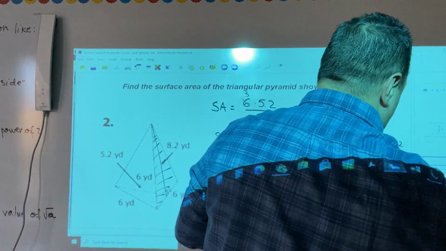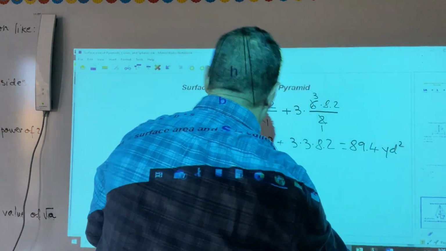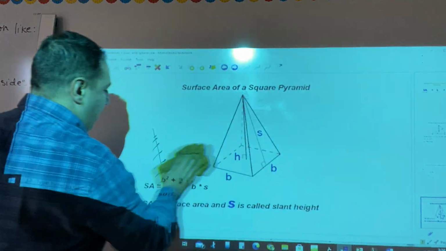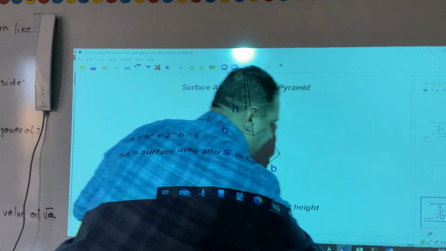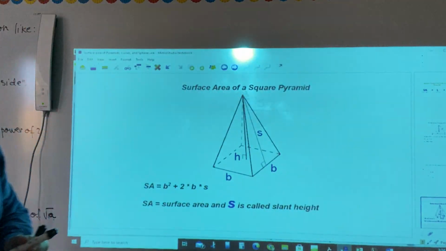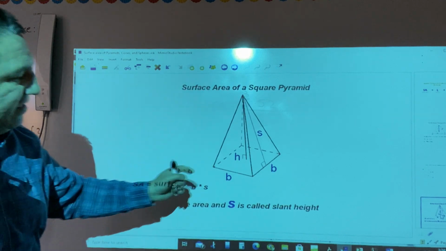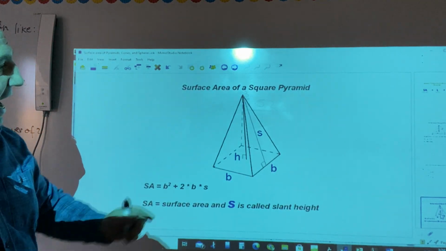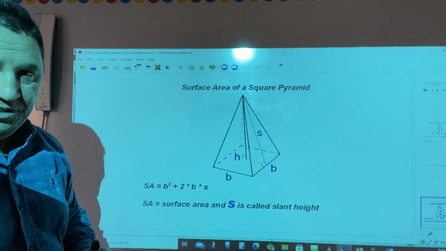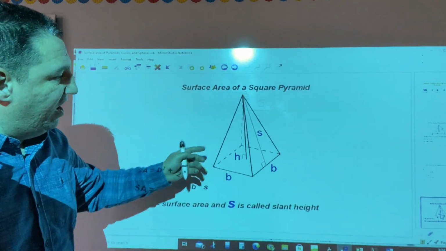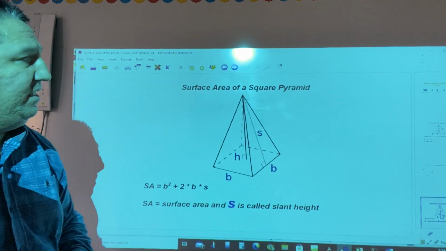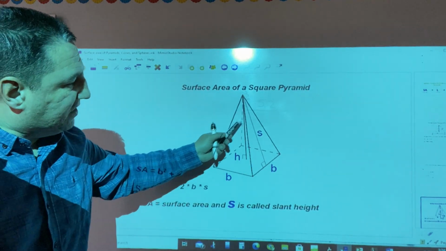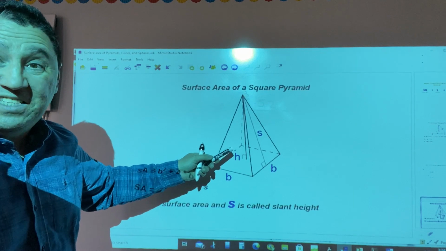Another case is the surface area of a square pyramid. In this case, the base is a square, and the lateral surfaces or side faces are triangles. And again, all side faces are the same. Why?